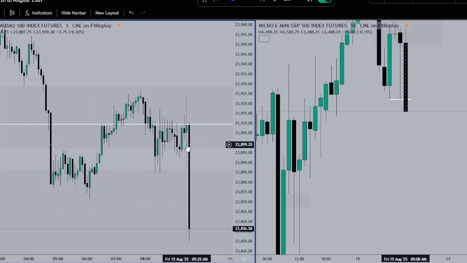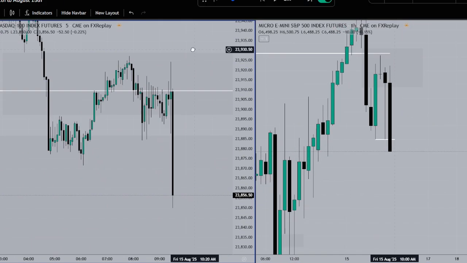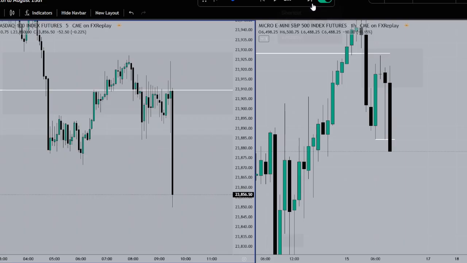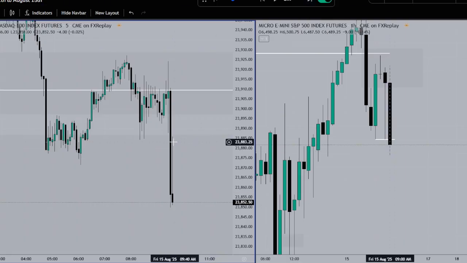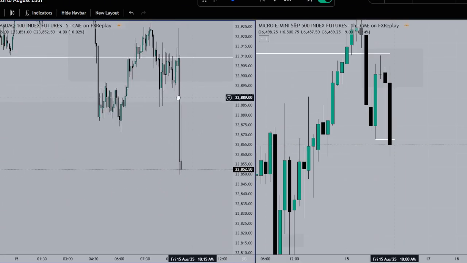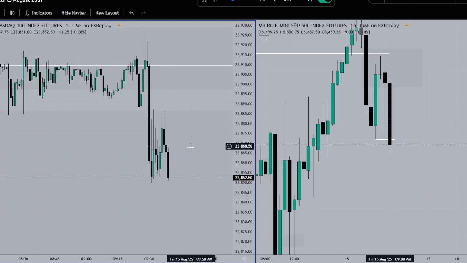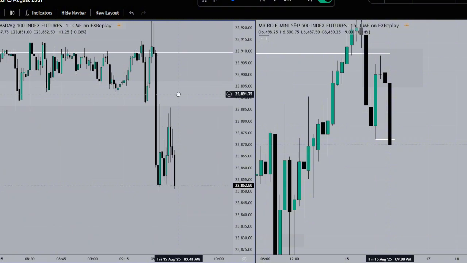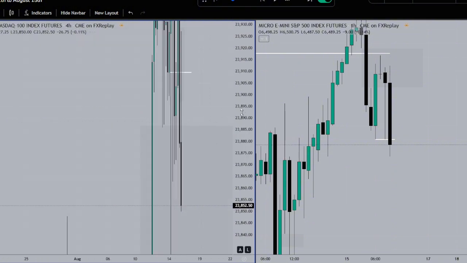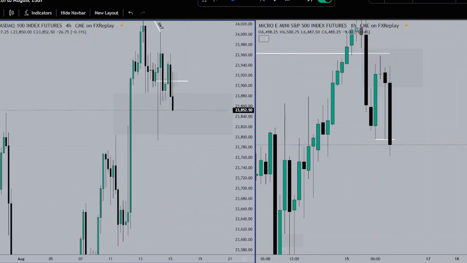Oh my god, we got a crazy dump right at 9:30. You get this handle here. So we get this significant candle body closure. Right now my drawn liquidity is this, just because of that significant candle body closure.